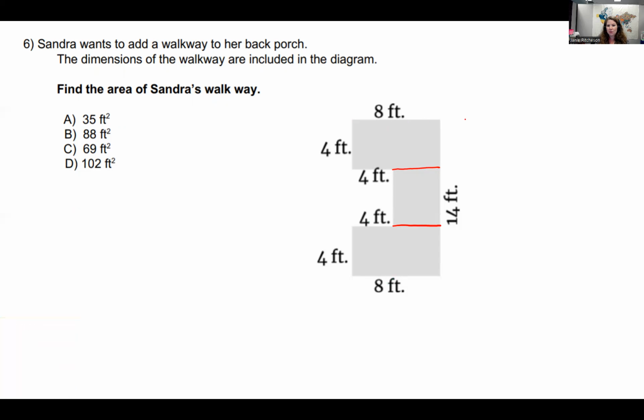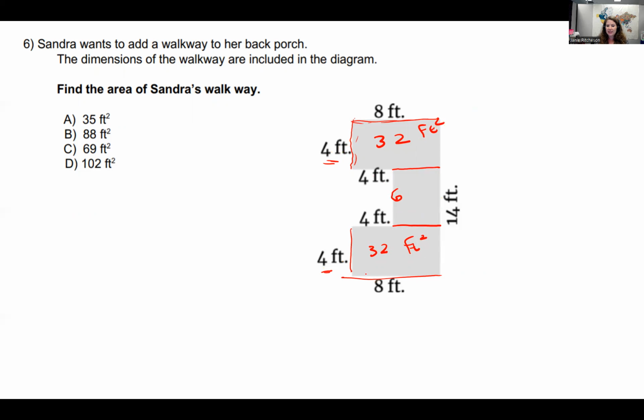This rectangle has dimensions 8 by 4, which is 32. This one also has 8 by 4. 8 by 4 is 32 feet squared. If this is 4 and this is 4, that's 8. That means this section has to be 6, if the whole thing is 14. 6 plus 8 is 14.